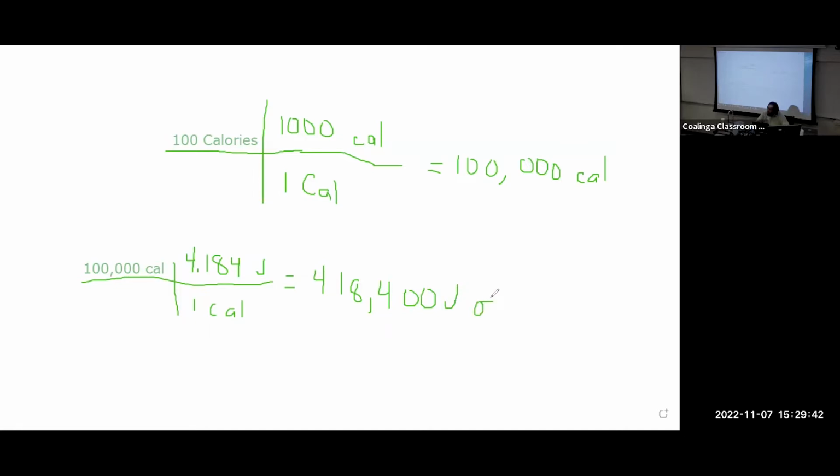Remember, we were talking about sig figs. One sig fig there, right? Zeros, since there's no decimal point there, aren't going to count.